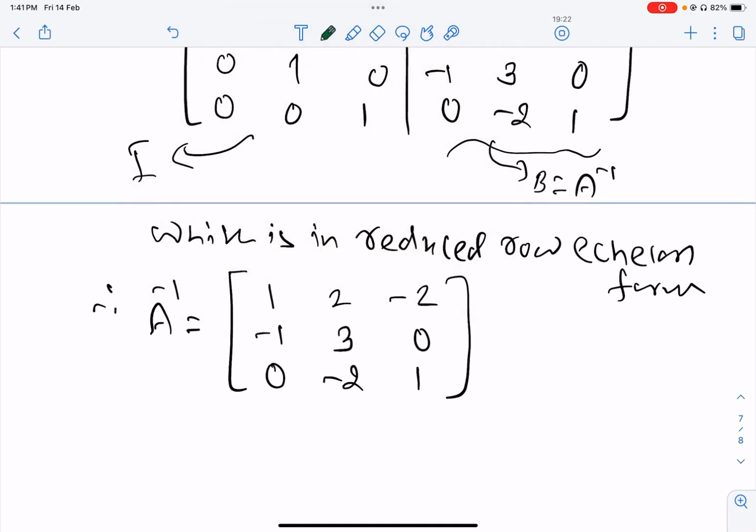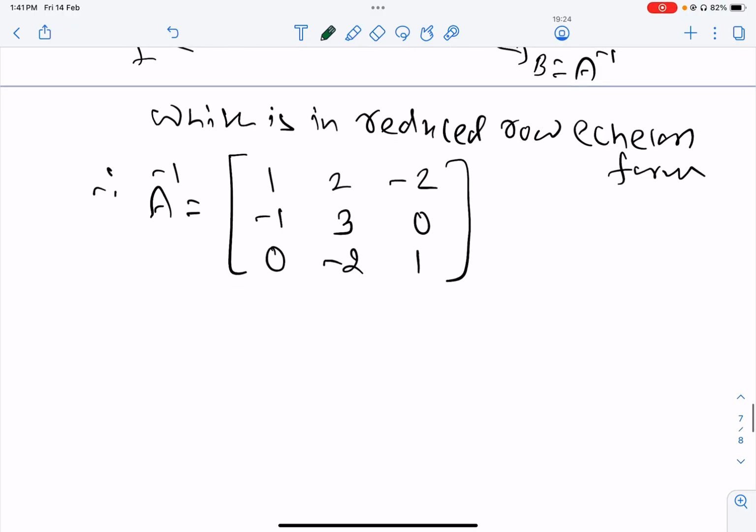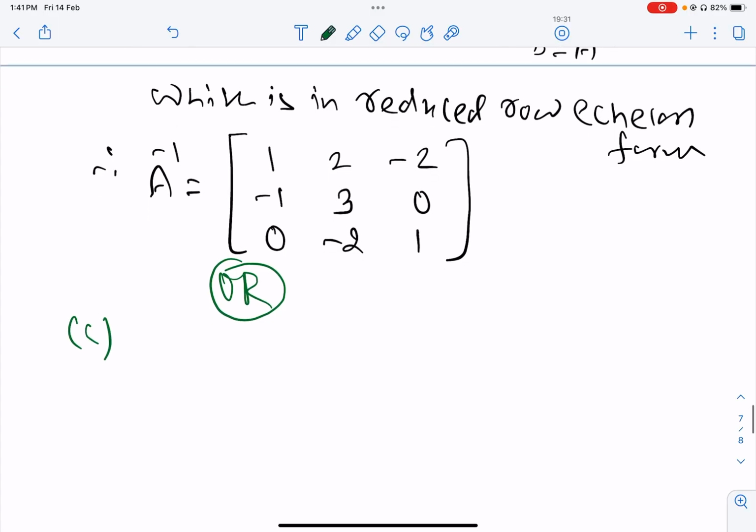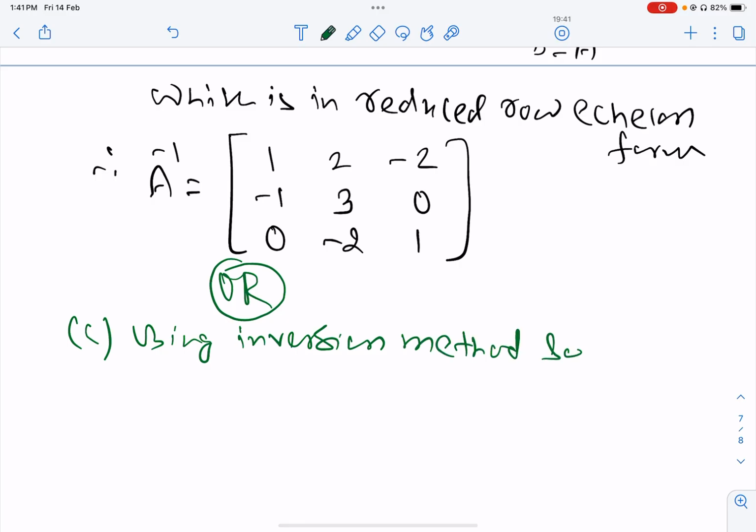Fine. There is also one more problem, and it is like this: using the inversion method, solve the system of linear equations.